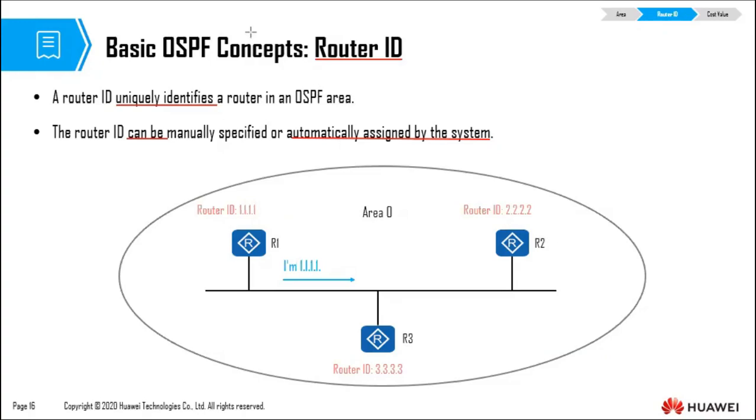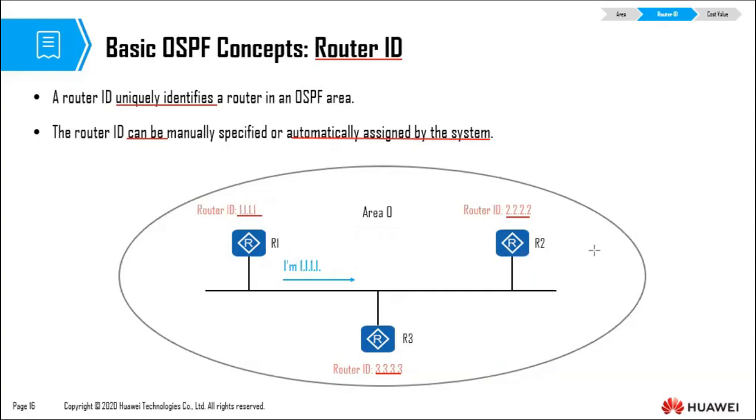What is interesting about router IDs is that they are written just like the IP address in a dotted decimal format. So we can configure this router, for example, to have the router ID of 2.2.2.2, this one to have a router ID of 3.3.3.3. So we can't have R1 and R2 share the same router ID in the same area.